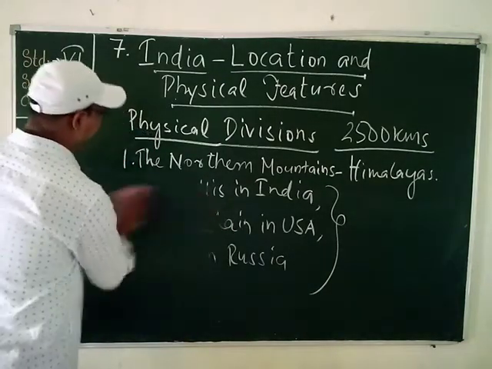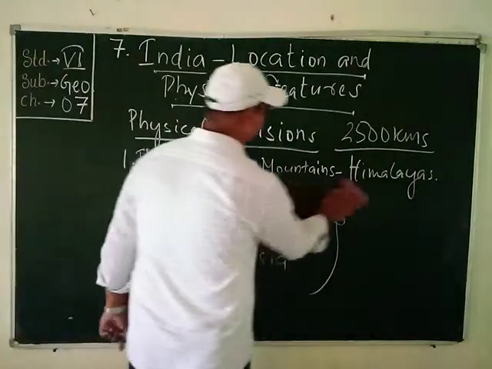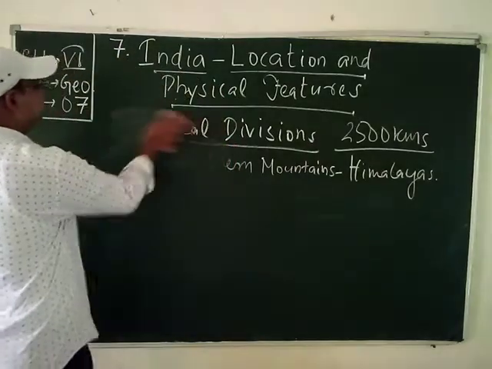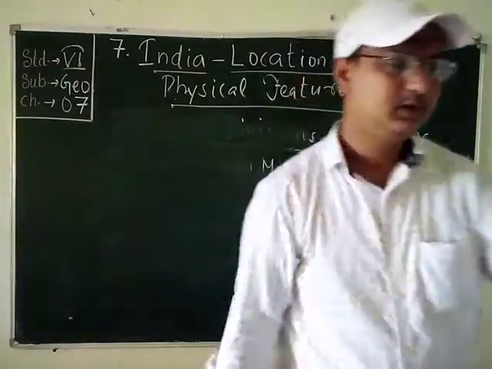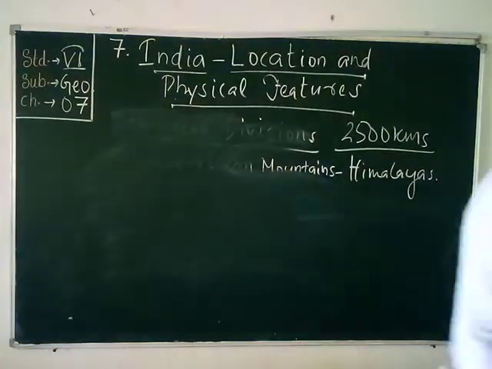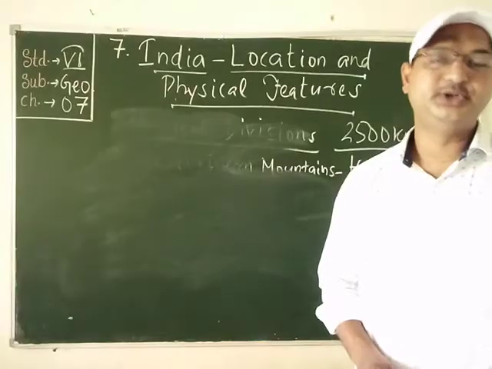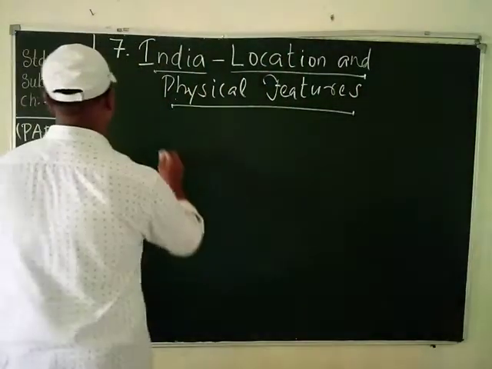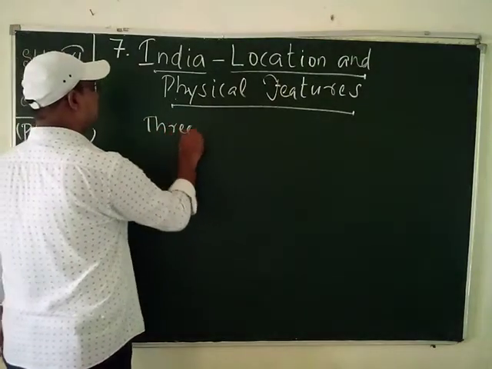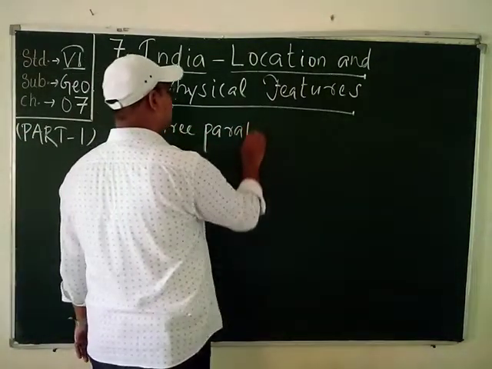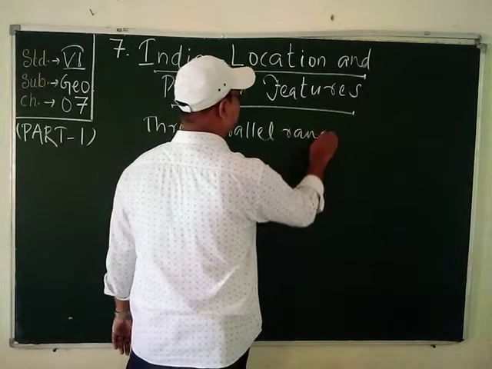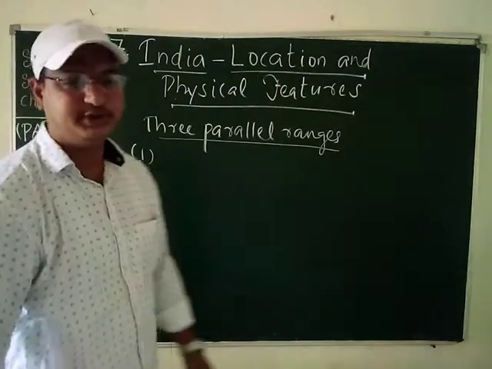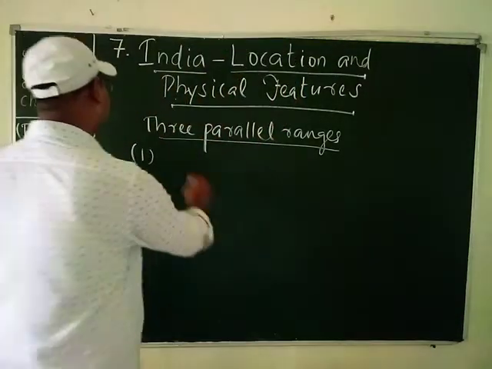Then students, the Himalaya is divided into 3 mountain ranges majorly, that I will write here. The Himalaya consists of 3 parallel ranges. The first one is Himadri or the Great Himalayas.